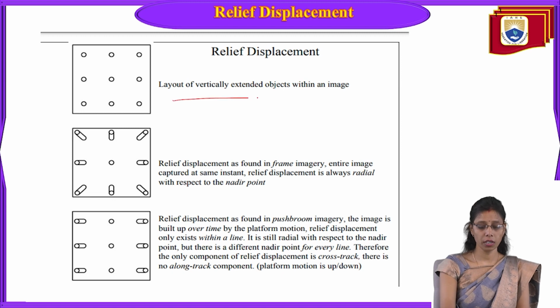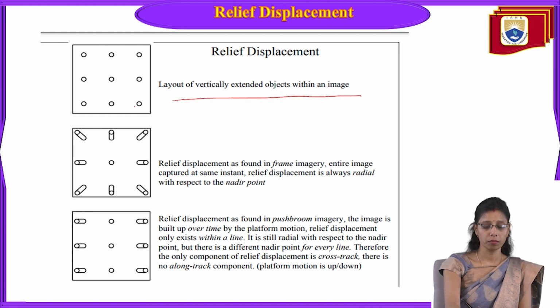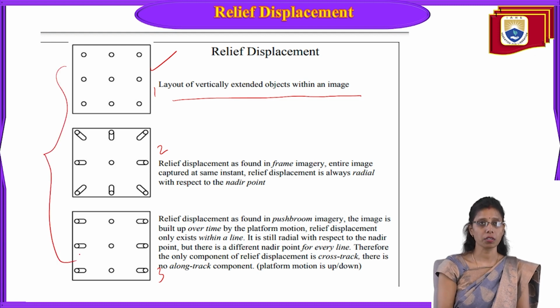Now, the layout of a vertically extended object within an image. If you remember, this first image is the same picture; these are all 3 the same image. The only difference is that this is a vertical image.